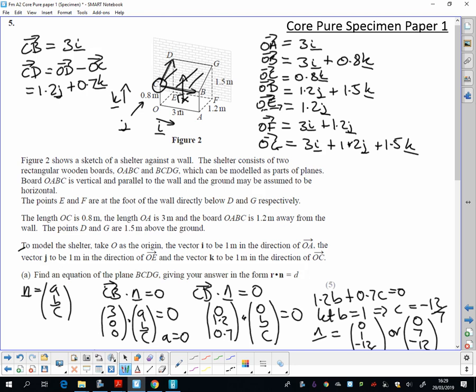So if I call that X, so that's halfway along the 3 meters, halfway back, and 0 up. So that's where it is. Oh no, I've just used the wrong number because it's not 0.4, it's 1.2 back. So that's 0.6.